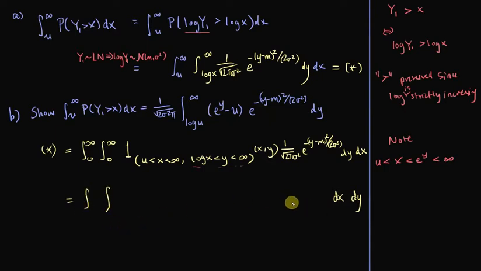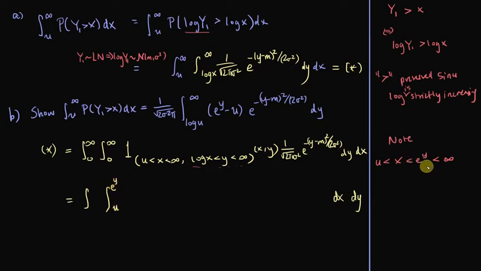And then you want x to run between values that depend on y. Here we can see pretty clearly already that x is going to be bounded by u and e to the y. So x must be greater than u and smaller than e to the y.